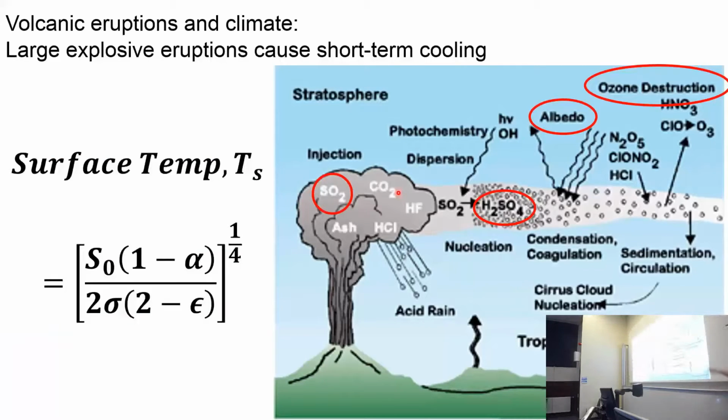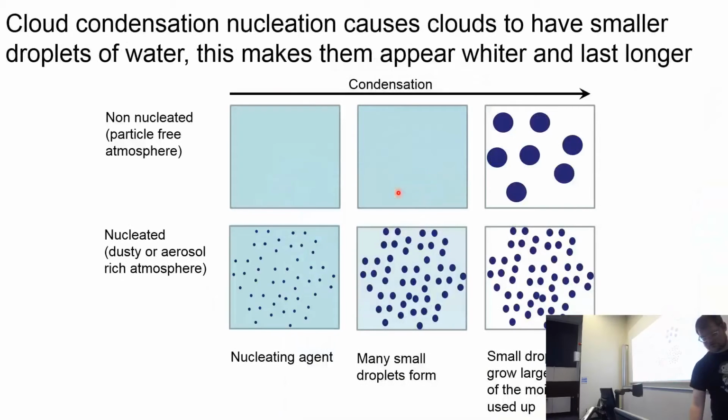These small droplets lead to the formation of more clouds, and we'll go on to explain why. So effectively we're changing the amount and type of clouds, making the planet more reflective when we have a volcanic eruption. This only lasts for a few years after the volcano, but it's much more effective than the CO2 the volcano gives out. So when big volcanoes go off, we tend to have a cooling effect.